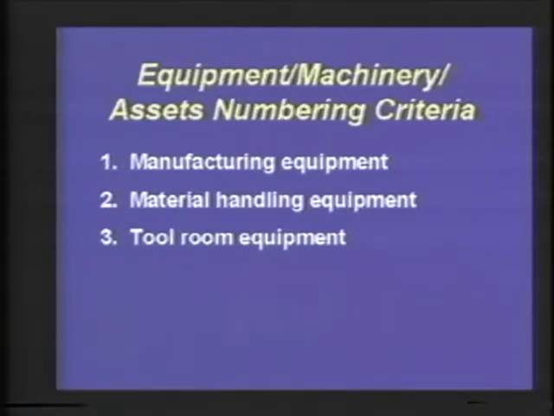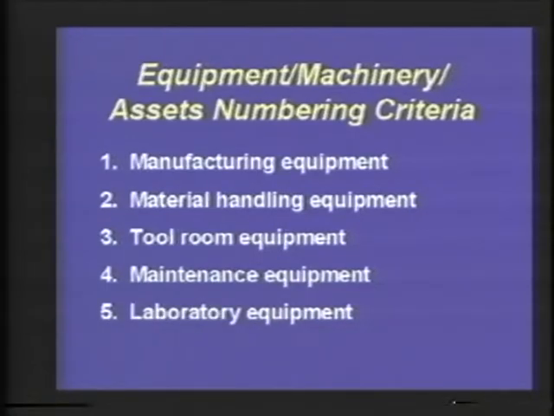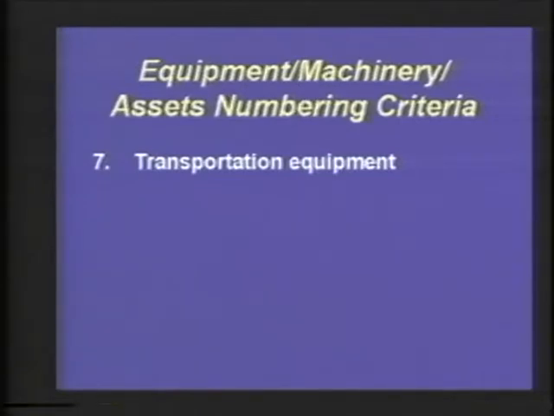Fourth is the maintenance equipment used by maintenance, basically in their repair shops. 5 would be laboratory equipment. 6, R&D equipment, which is research and development equipment. 7, transportation equipment, which is different from 2 above, which is material handling. And transportation would be more of the types that you would be transporting your materials from one facility to the other.